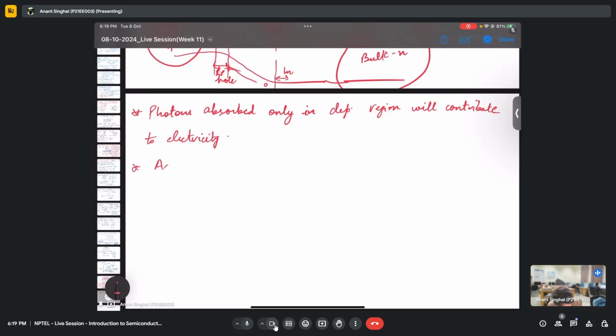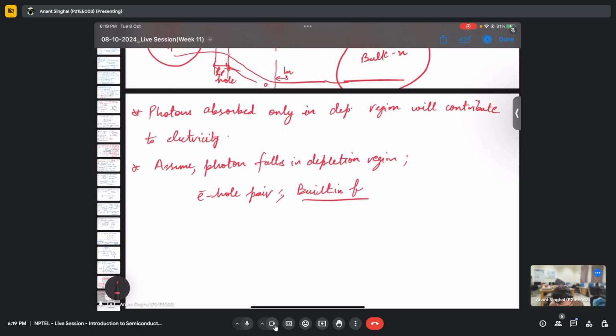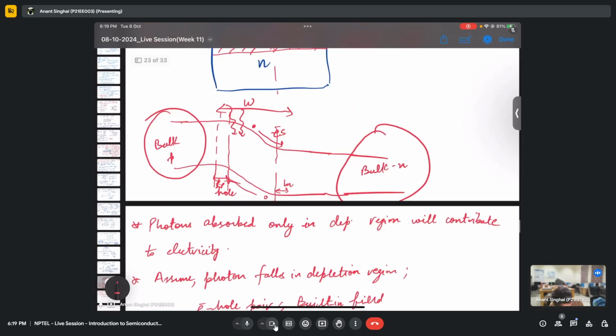So let's assume a photon falls in the depletion region. What happens? It creates an electron-hole pair, right? As we know, there will be a built-in field due to the barrier potential, or this particular thing, QVBI, that we already know, we write in general.